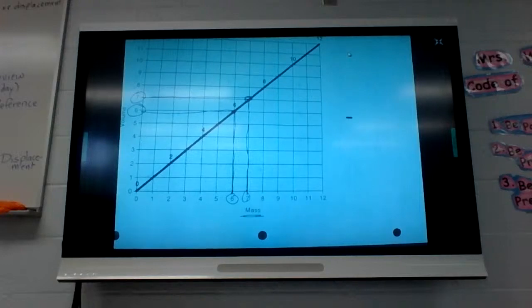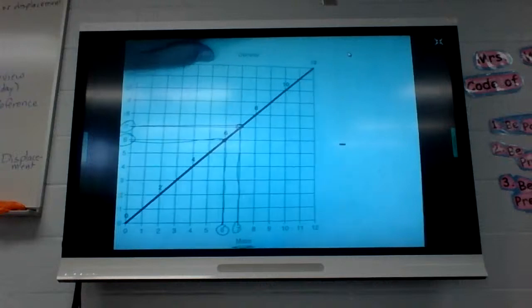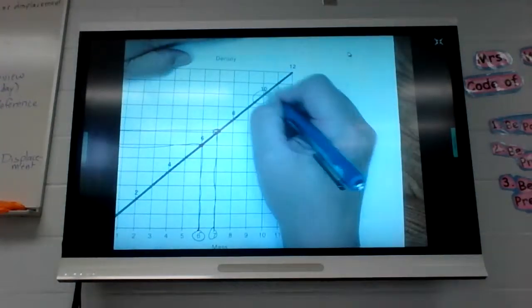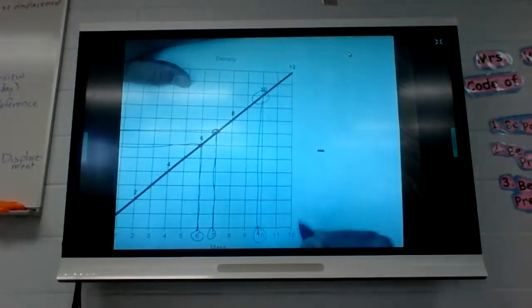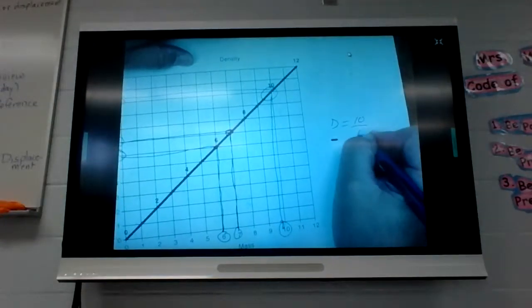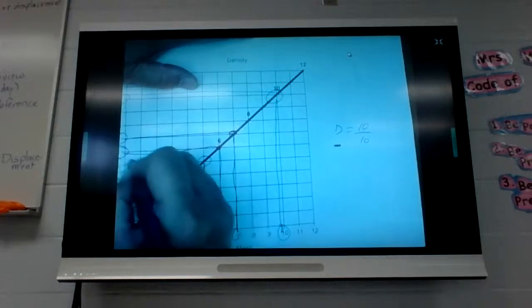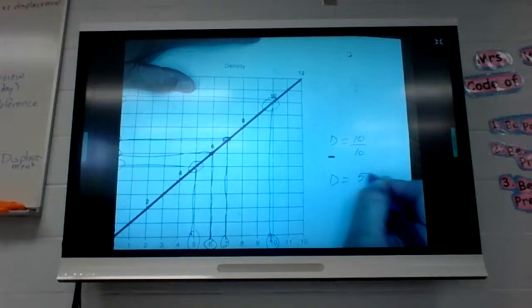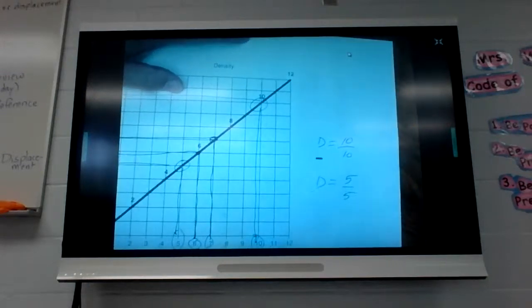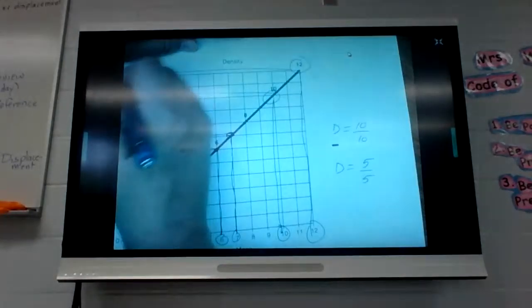So pick any point. Where do you want to pick? 10. Any of those you said are fine. If you pick the 10 here, go down 10, over is a 10. So density equals 10 over 10. If you said 5, density equals 5 over 5. Person who said 12, so 12 over 12.